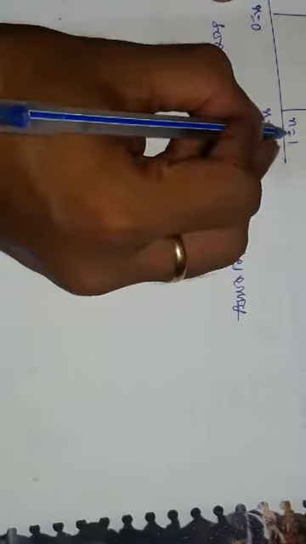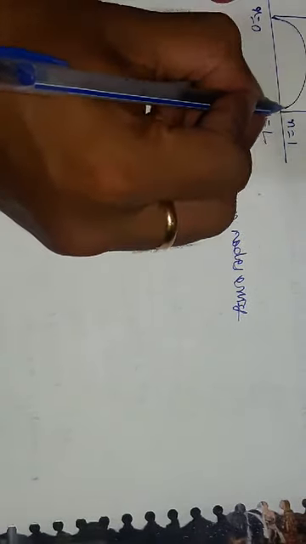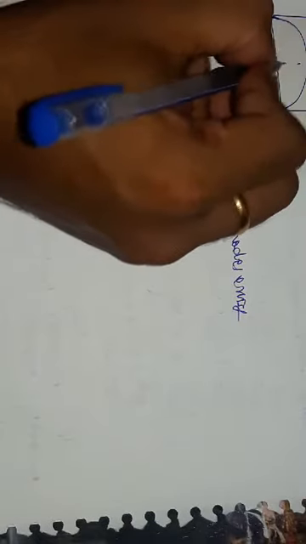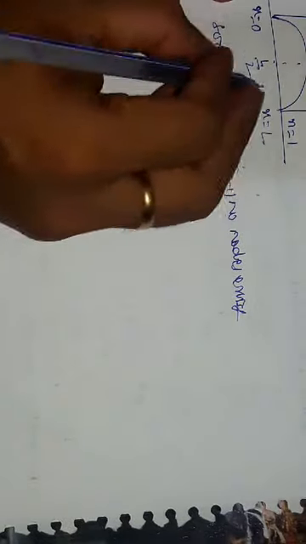That is for n is equal to 1, that means 0 nodes exist, that means the wave function becomes like this. Okay, this is the middle, l by 2. For n is equal to 2, 1 node exists, that means the node is here, that implies the wave function becomes like this.